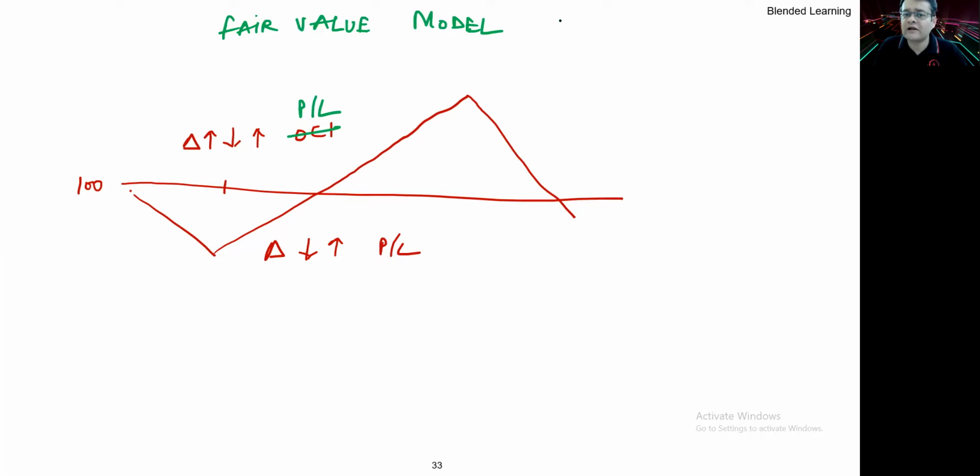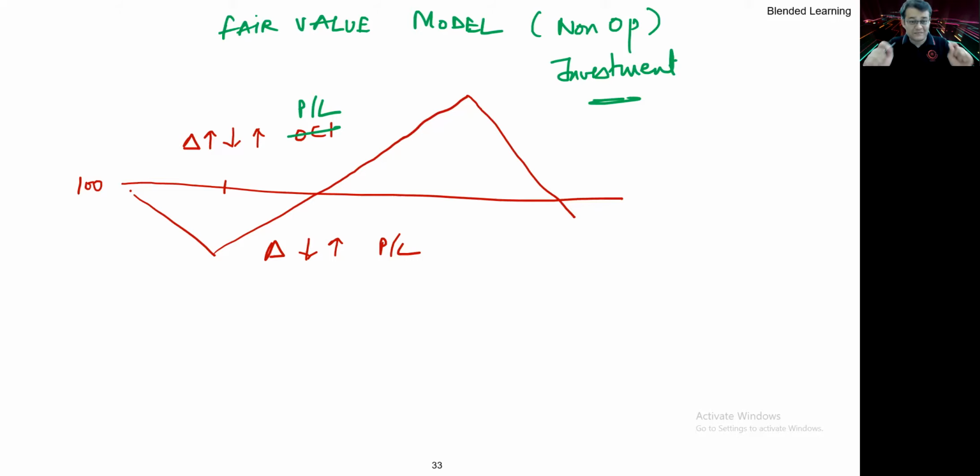Don't forget, fair value model is applied only for non-operational assets, typically what we call investment. If you remember, in one of the quizzes that we took, we made a point: what is a non-business asset called as per accounting lingo? And the answer was investment. Therefore, investment property. A property, a real estate, which is bought for the purpose of investment, which is outside.